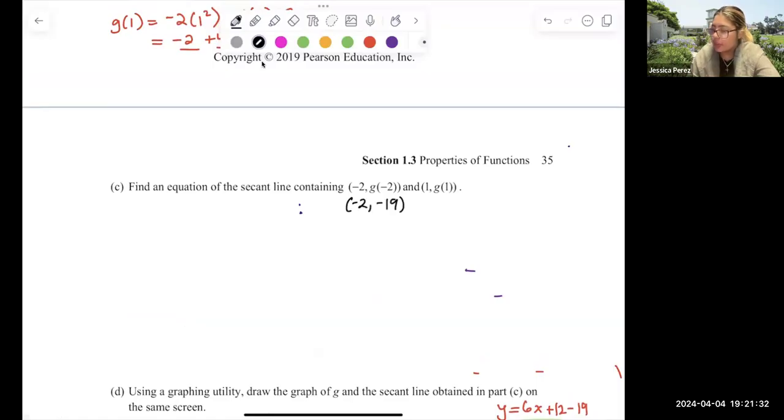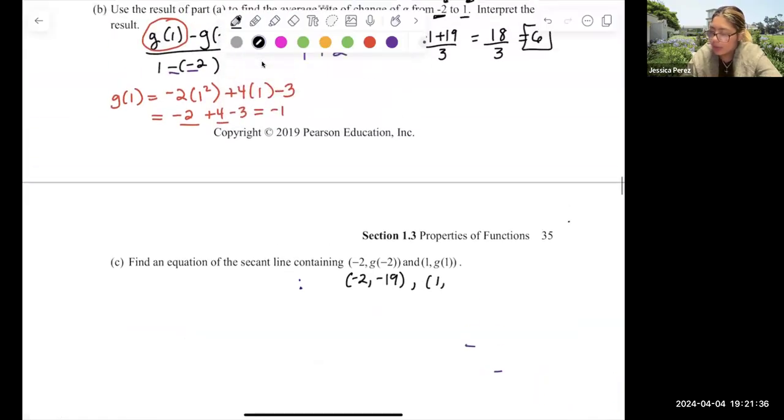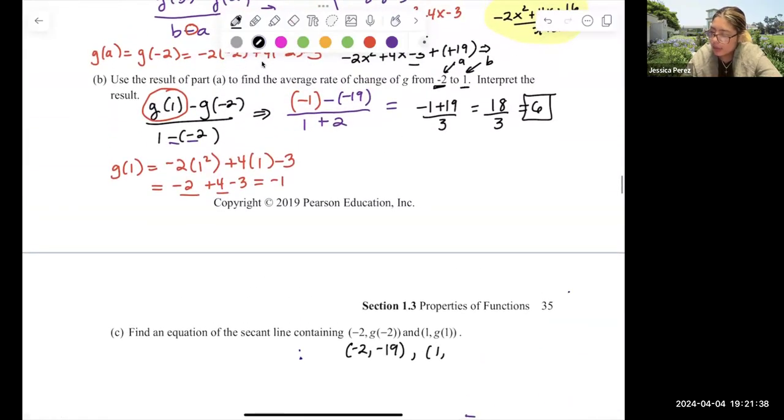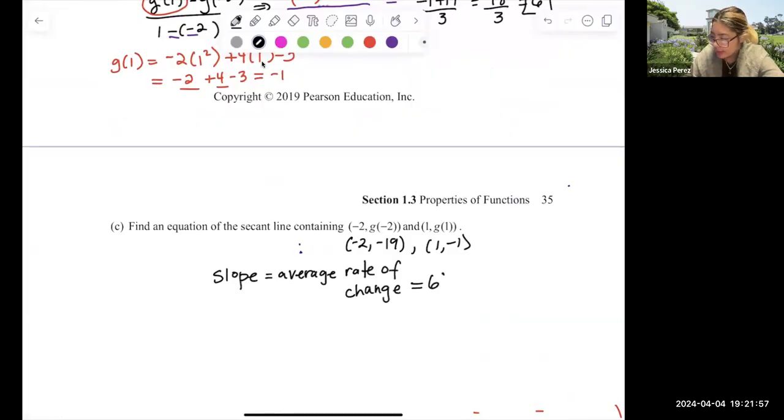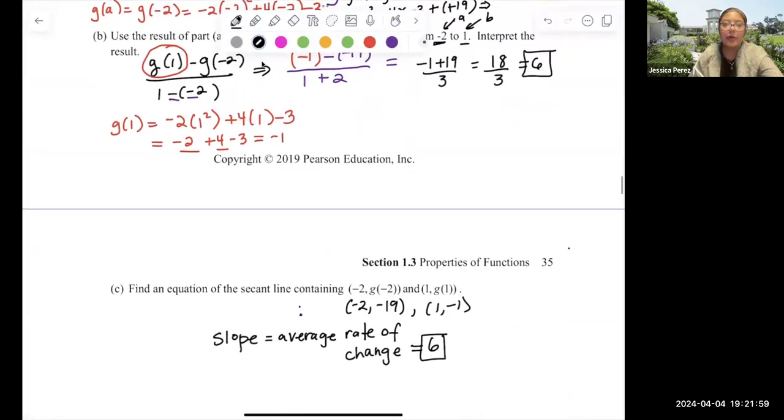We found that g of -2 was -19, and then we have 1 comma, when we plugged in 1, we got -1. And we found the slope, the average rate of change, which was 6, right? We did that in the previous part.